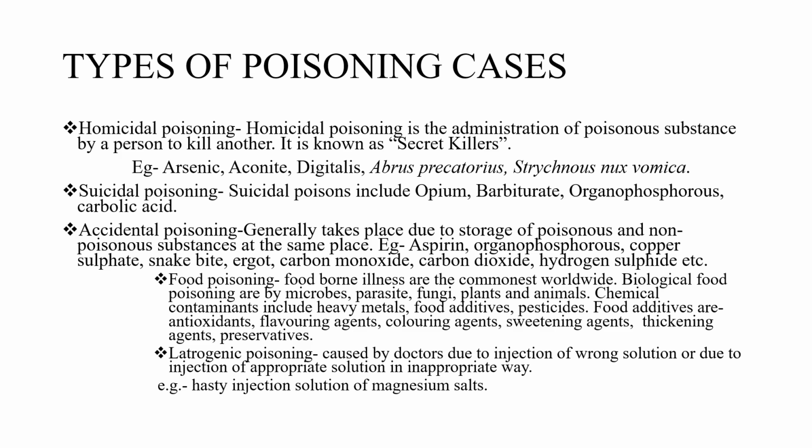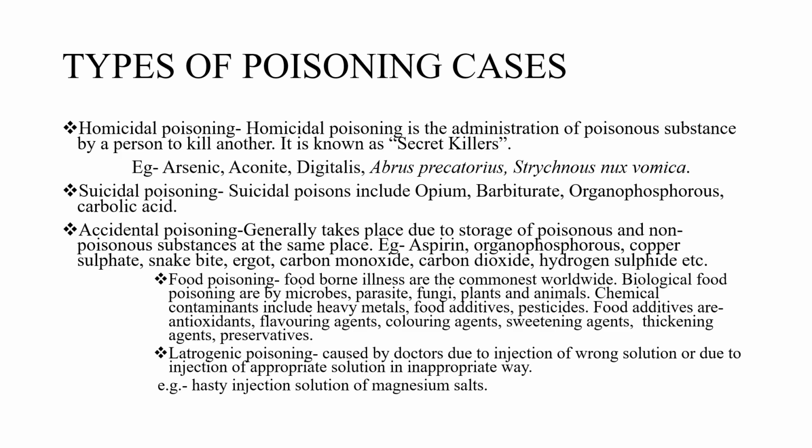Iatrogenic poisoning is caused by doctors due to injection of a wrong solution or due to injection of an appropriate solution in an inappropriate way. This occurs when a doctor injects a patient with a wrong solution, or by a different method from which it is to be administered, like through injection.